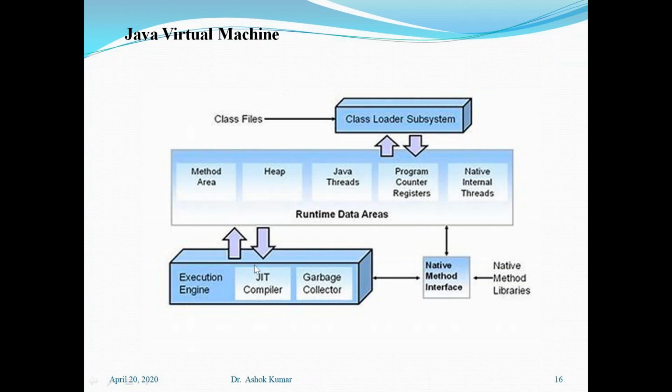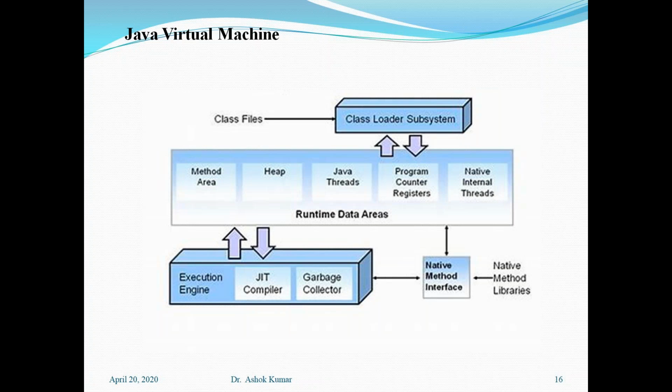This is basically the execution engine where your program gets executed, and JIT is the just-in-time compiler to speed up the execution of your program. So this is all about the JVM.